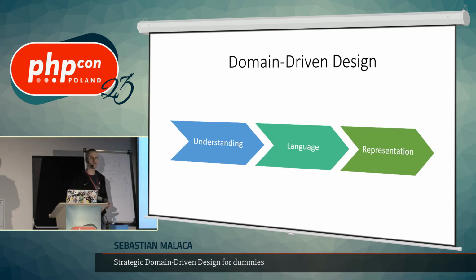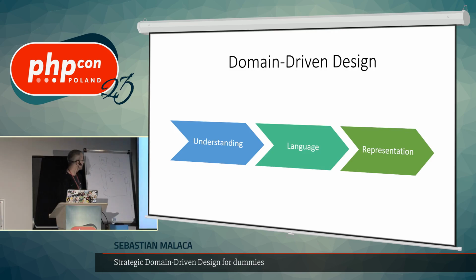I don't know whether you were playing games in Polish, it was telephone, when you are passing the message from one person to another, and usually at the end of the queue, the message was totally different. And this is what we are doing in software development. But our game is a little bit more expensive. Usually it's millions of, pick the currency, however you want.